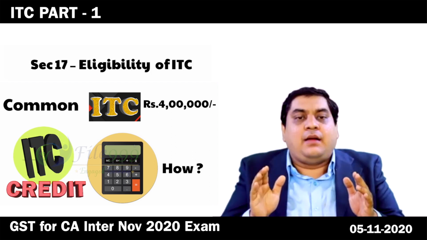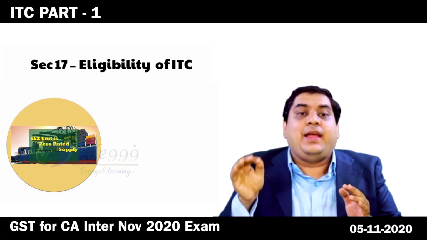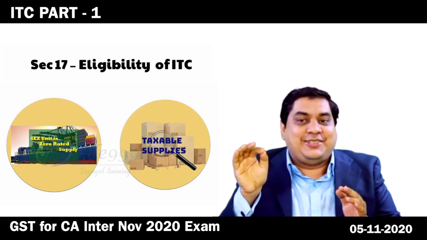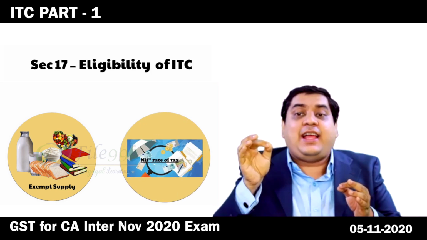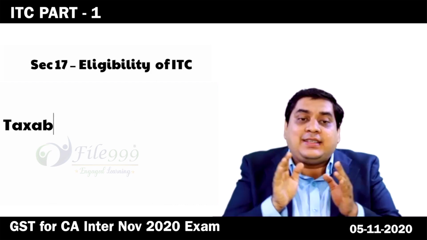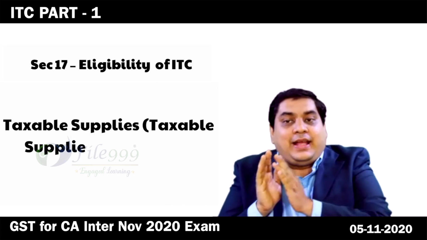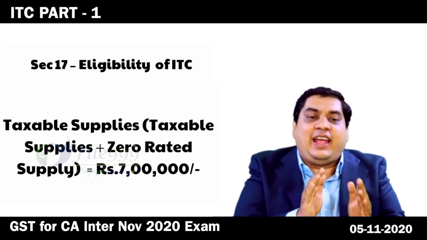Well, in this example, sale to SEZ unit is zero rated supply, hence part of taxable supply. Exempt supply includes nil rate of tax, that is tax at zero rate. That was the bread of rupees 1 lakh. So taxable supplies would be taxable supplies plus zero rated supplies, which is 7 lakhs.